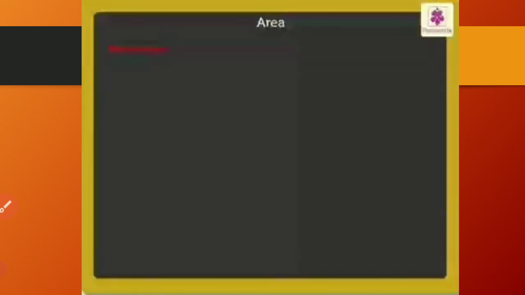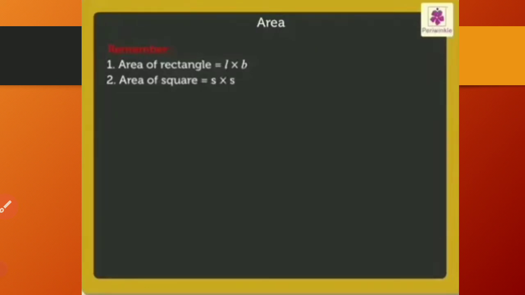Remember the formulas. 1. Area of a rectangle is equal to length into breadth. 2. Area of a square is equal to side into side.